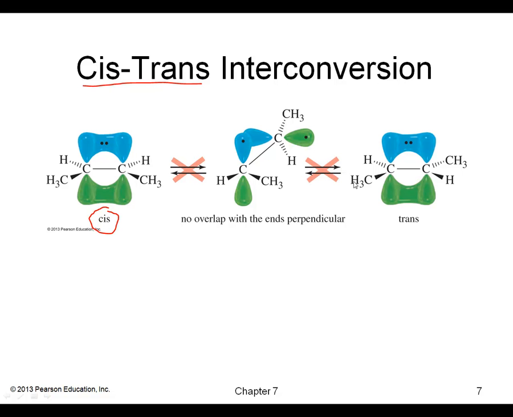And over here the CH3s are on opposite sides of this double bond, and so you have the trans isomer. The point here is that we cannot interconvert the cis and the trans, because if I tried to twist, I would end up breaking the pi bond. And if you break the pi bond, you break the molecule. So cis and trans isomers are two distinct molecules.